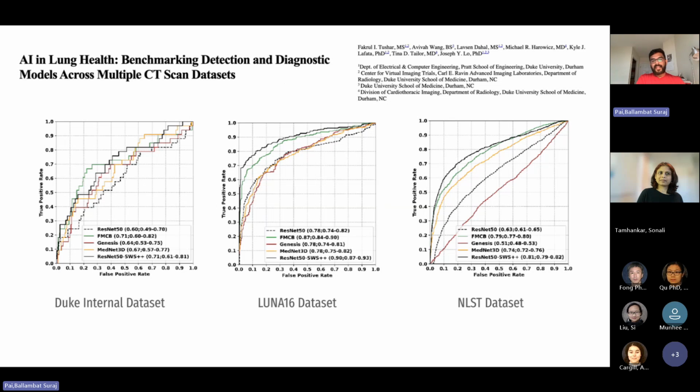And they also saw that the results were pretty good when they tried it on their own internal data sets. There's a couple of folks from Duke, and they also extended it. They revalidated this on the data set that we did, and then they also added a new NLST data set, which is also public, which we used in some of our later studies as well.